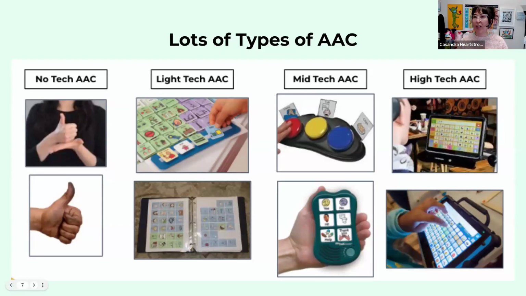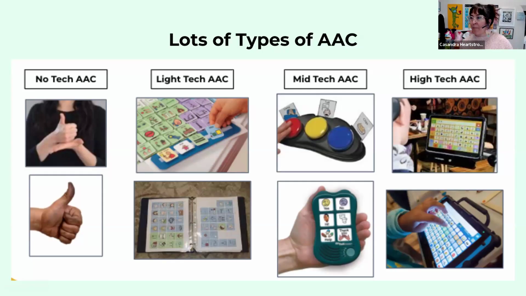Mid tech usually has some batteries in there with some pre-recorded messages that somebody recorded their voice in there, and the button will speak those messages out. And then high tech has robust vocabulary, tons and tons of words to spontaneously communicate exactly what you want. And they all have their place and they're all valuable.